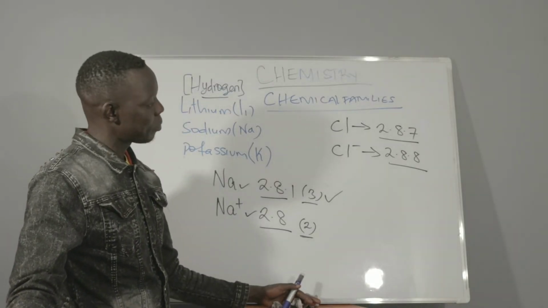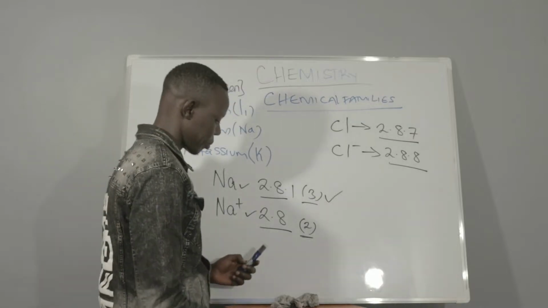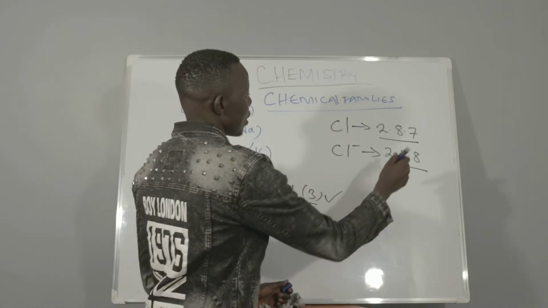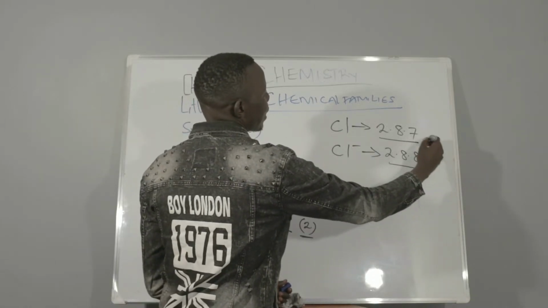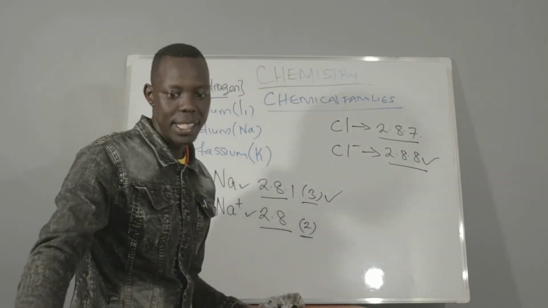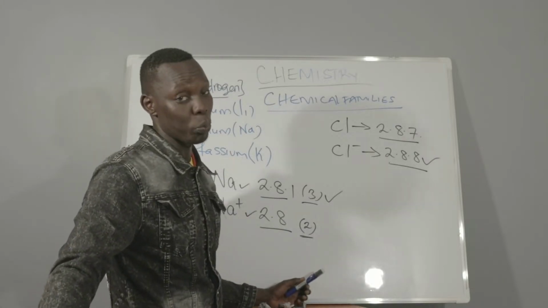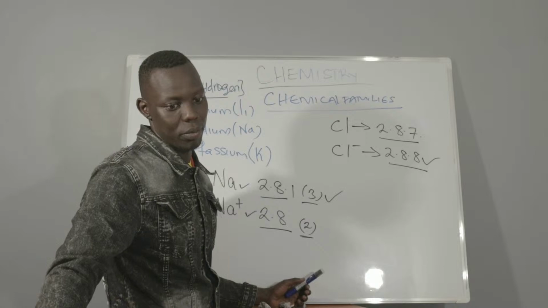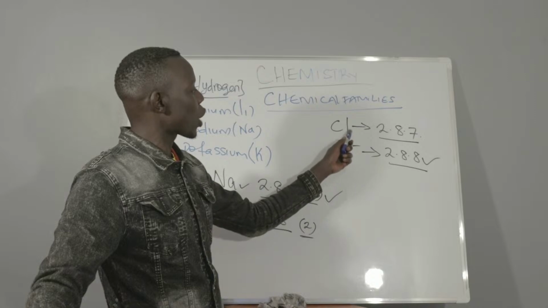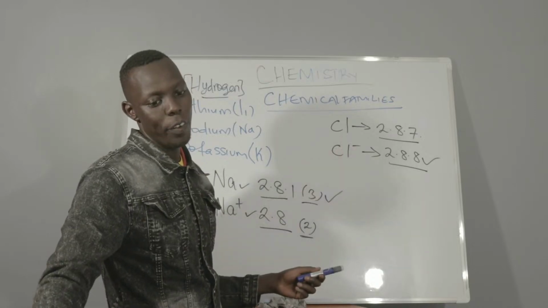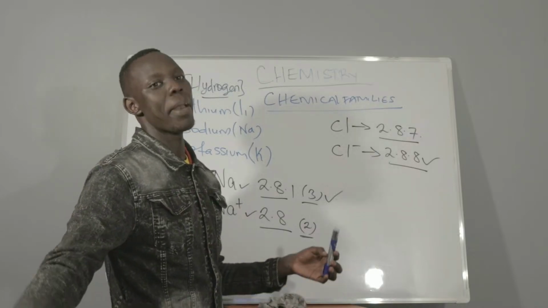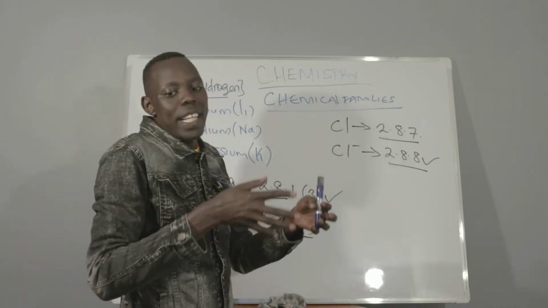Now here, one thing that you need to know is that the chlorine ion is larger than the chlorine atom. Listen to the reasoning I want to give. For a chlorine atom to form an ion, there is gain of electrons. When electrons are being gained, they add to what is already existing.